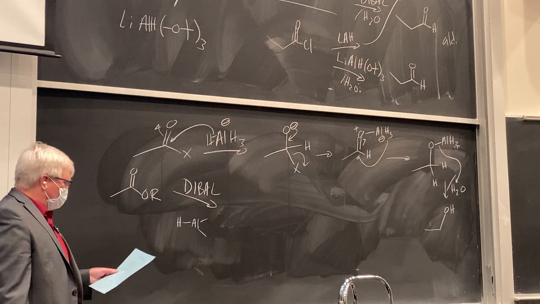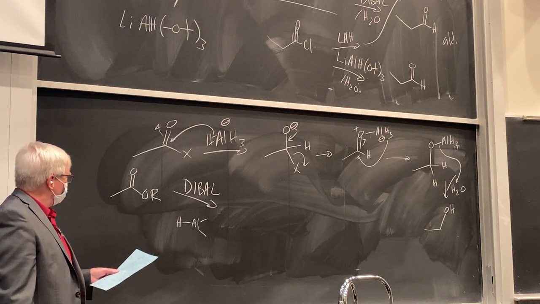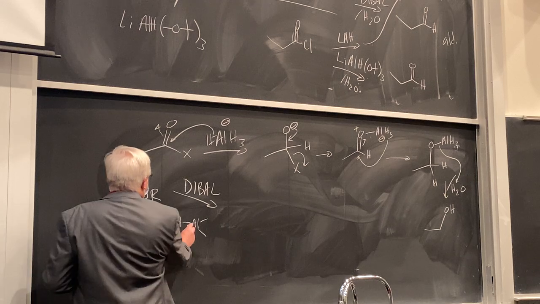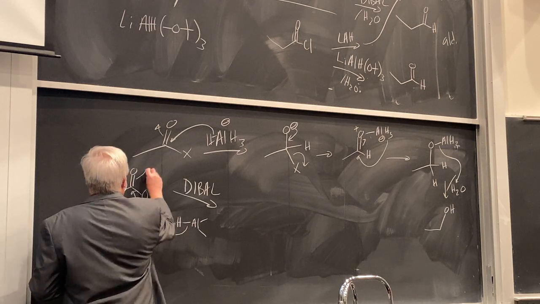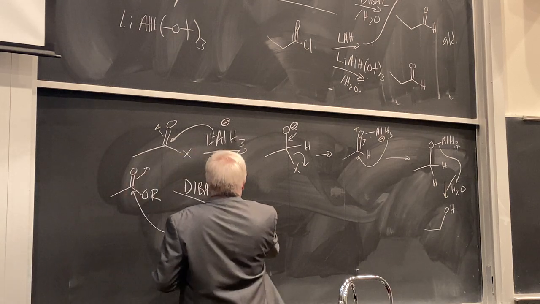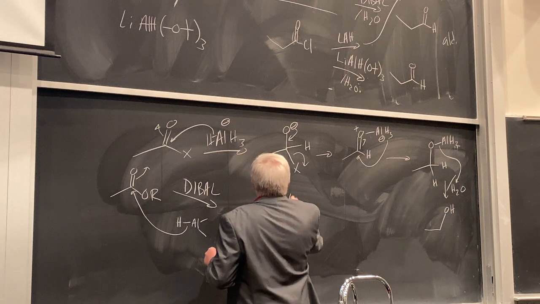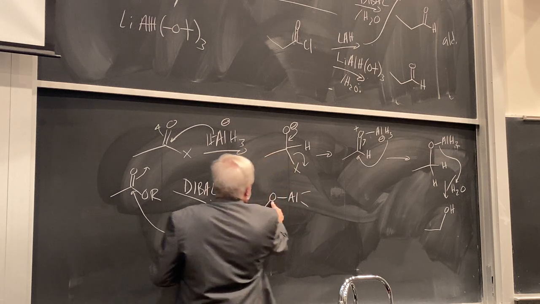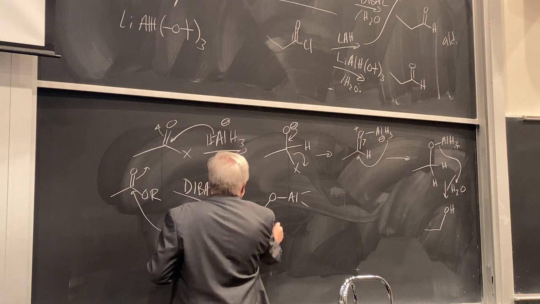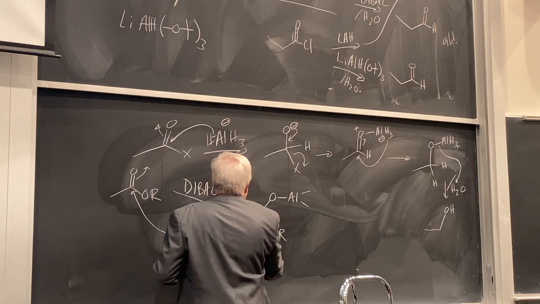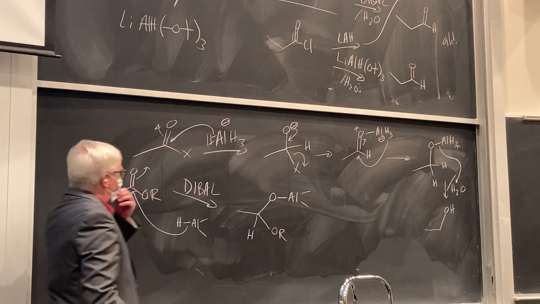So, you know, how are we going to do this reaction? Well, we can still add our hydride here, bring the electrons up, and we can put the O minus on the aluminum, you see, and a hydride there, okay?